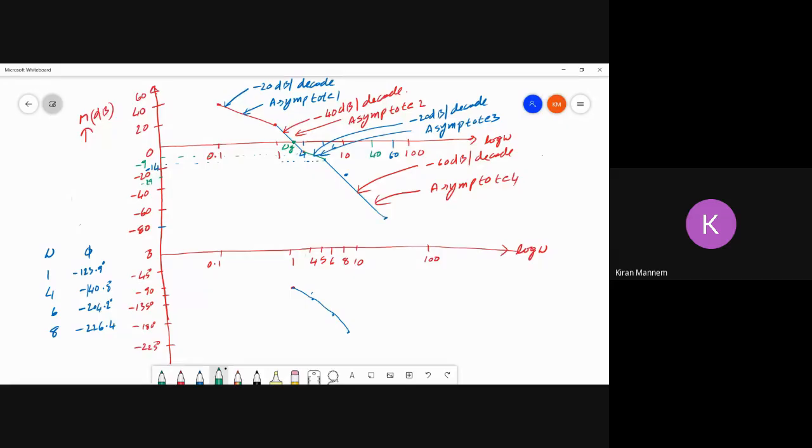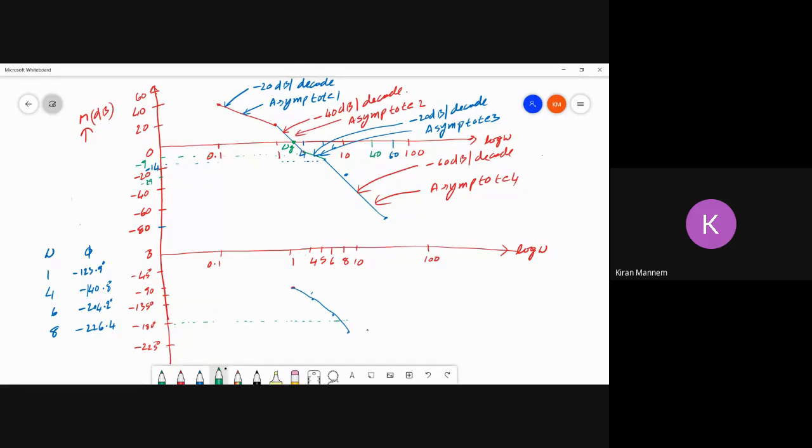Now what is the phase crossover frequency? The phase crossover frequency is defined as the frequency at which the phase angle of the transfer function, or sinusoidal transfer function, is minus 180 degrees. So let us find the minus 180 degrees. This is minus 180 degrees, and you draw a line from this point and touch this phase plot, right?